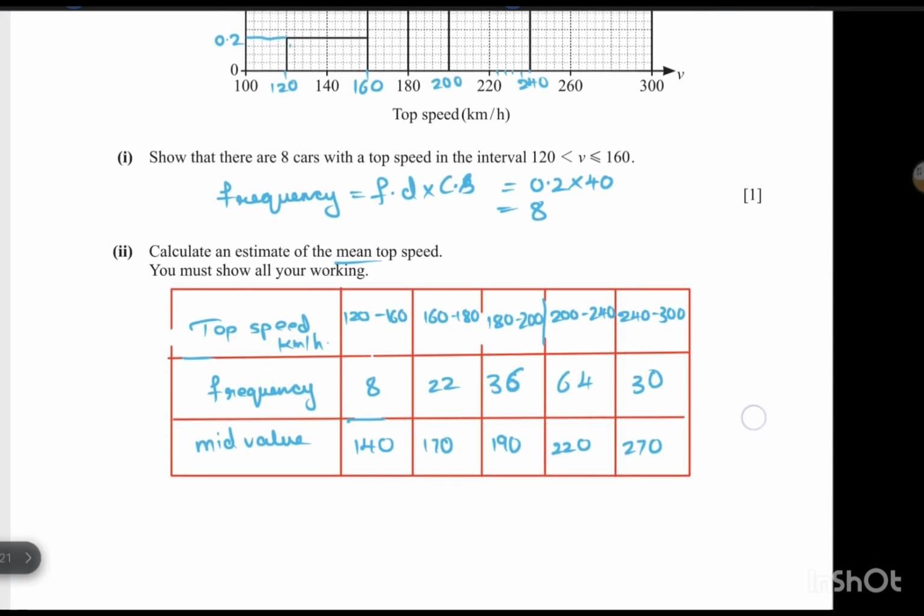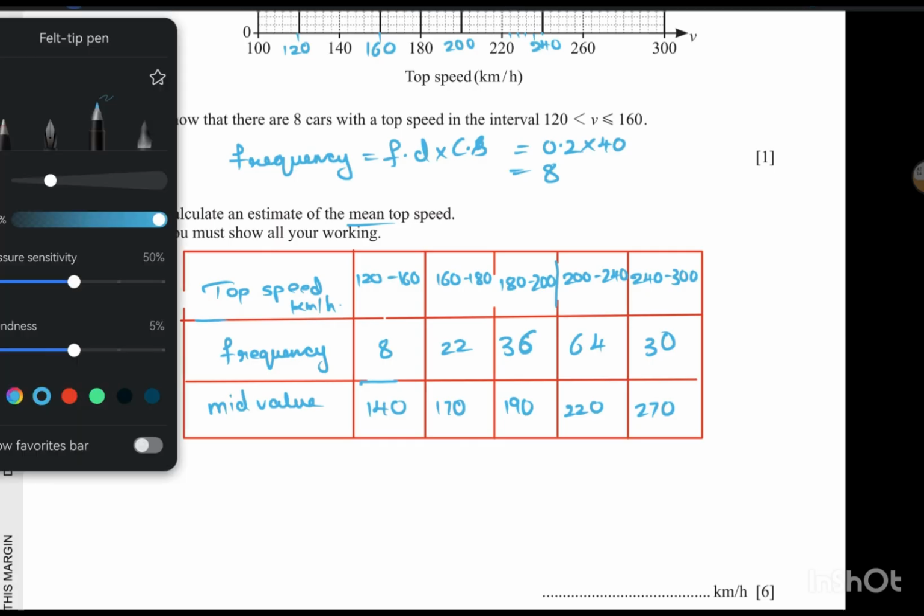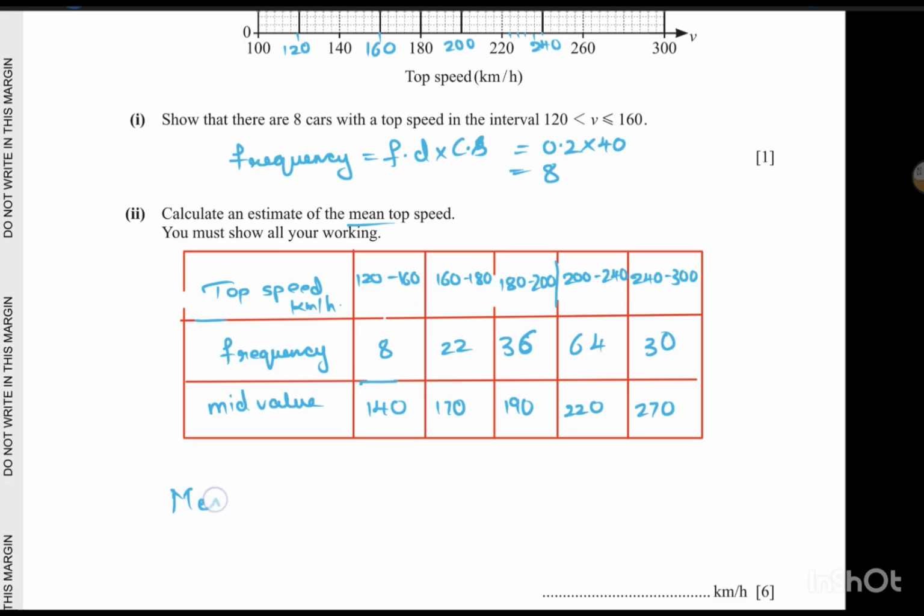Now we'll find out the mean here. Mean is equal to mid value multiplied by frequency, and add the next one, mid value multiplied by frequency.